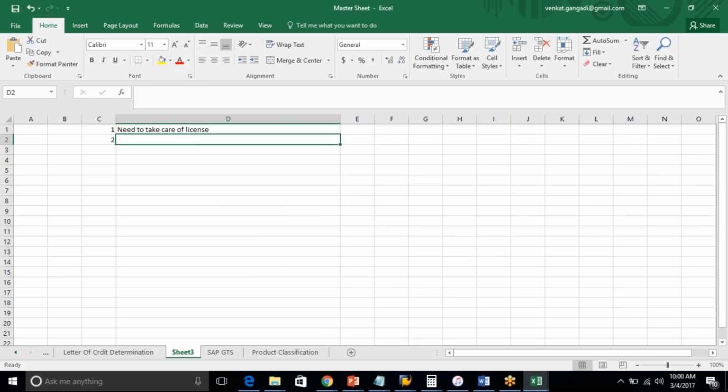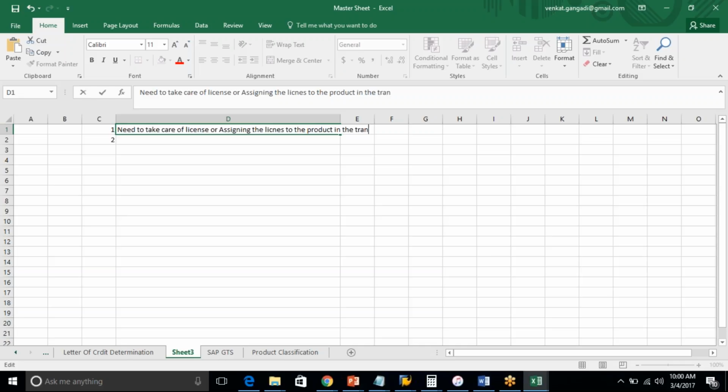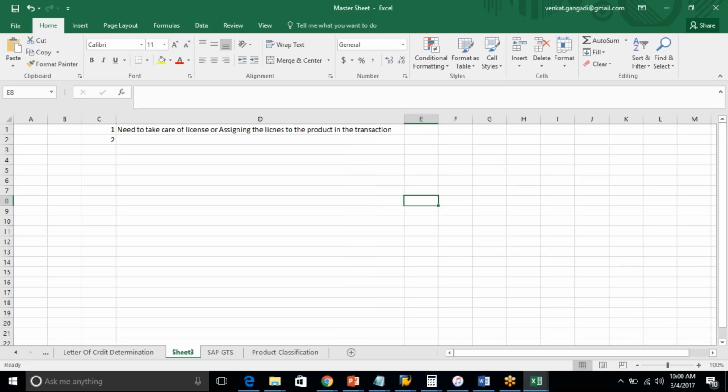One of the rules we need to take into consideration in order to get the clearance for our export or import is assigning the license to the product in the transaction. That's the first thing. And the second thing he was talking about is taking care of the embargo.